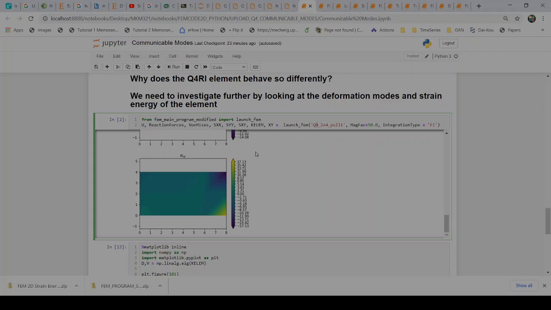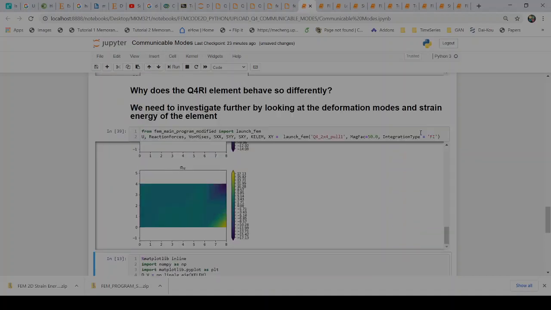To do that, I'm going to run this Q4 2x4 pool 1. This is exactly the same input file we looked at before, fully integrated. Let's run it and make sure we load this k element, x, y.